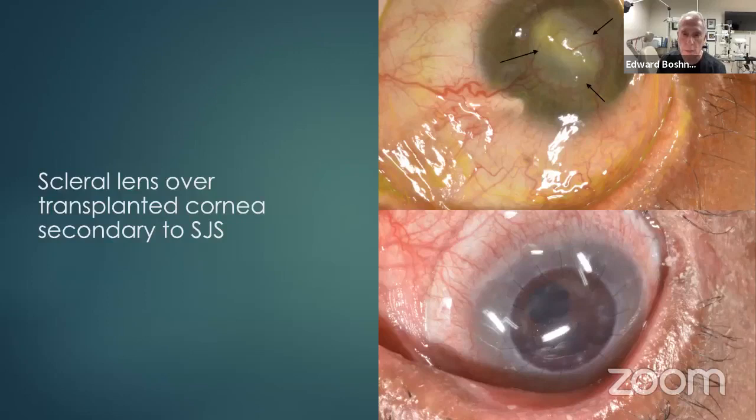Stevens-Johnson syndrome is a degeneration, very poorly understood. Apparently, it's a result of one's body reacting to medication like penicillin, maybe some steroids, other medications. And here at top right, you have a photograph of an eye with Stevens-Johnson syndrome.